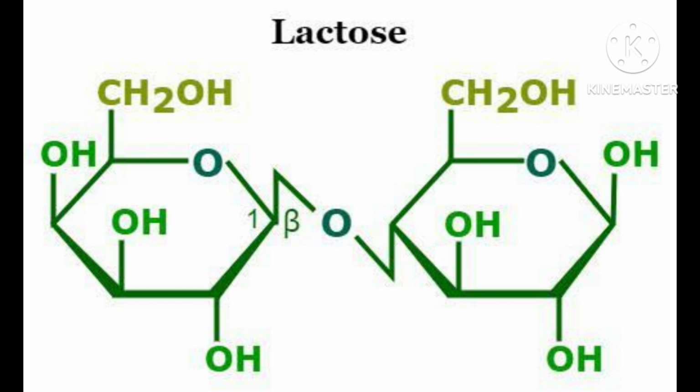That's why it is a reducing sugar, correct. 2 glucose units will be there, and at carbon 1 the aldehyde group will be there. That's why this will be a reducing sugar.